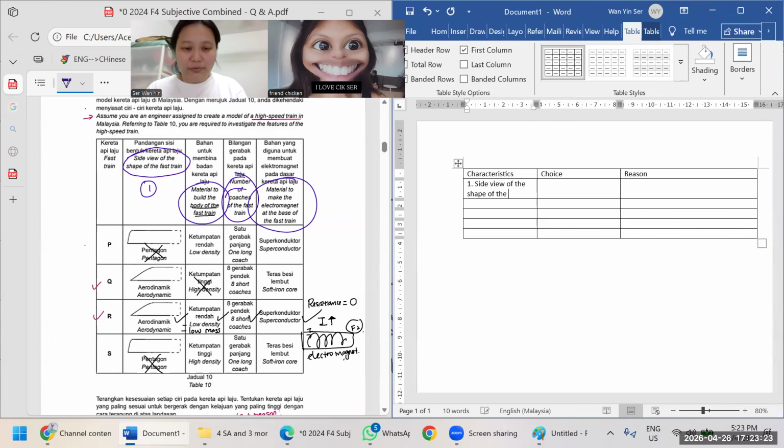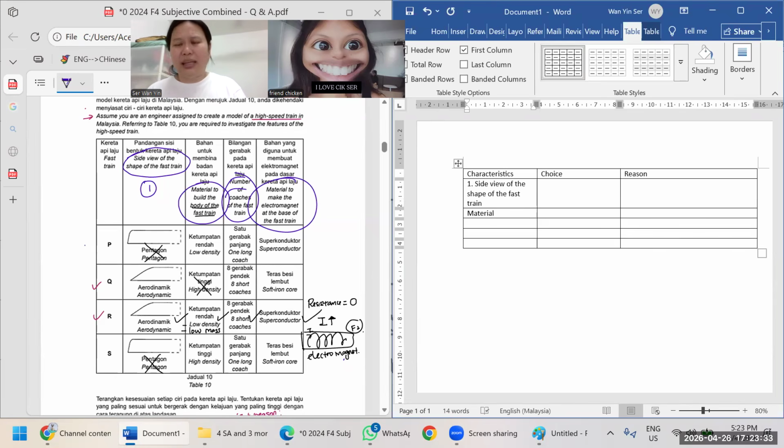of the fast train and material. You all copy, as long as you know. Copy, okay. And choose. Your choice is pentagon or aerodynamic. Aerodynamic.